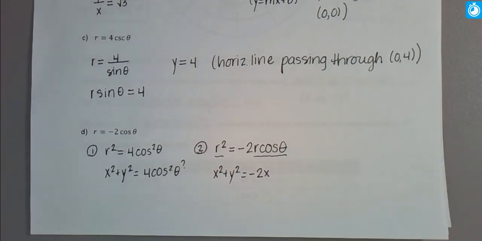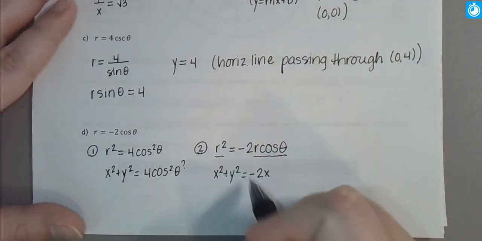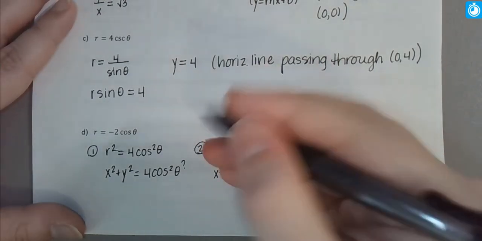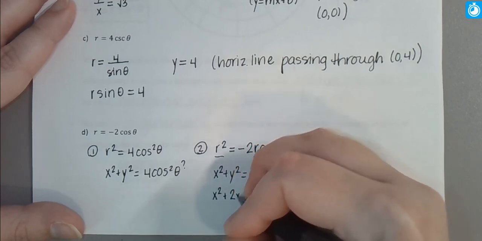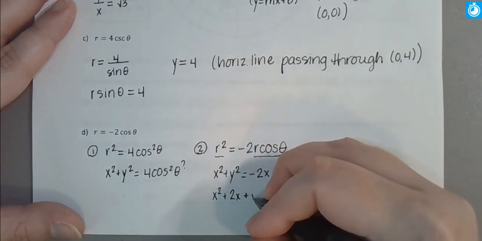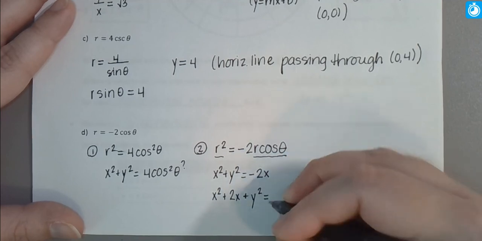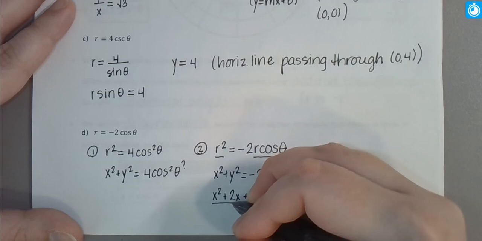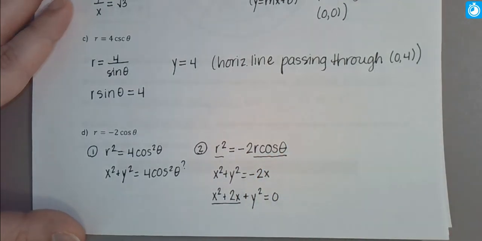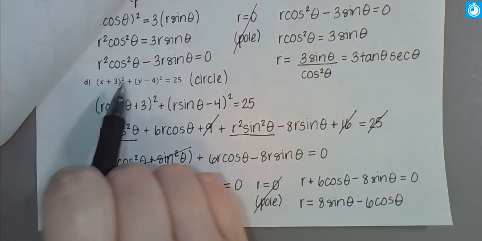So first thing we want to do anytime we want to factor something, everything goes to one side of the equation. So I'm going to add this 2x, move it over. So that's going to be x squared plus 2x, so keep those x's together, plus y squared, and that's equal to 0. So my goal is now to take this pair and make it look something like that.